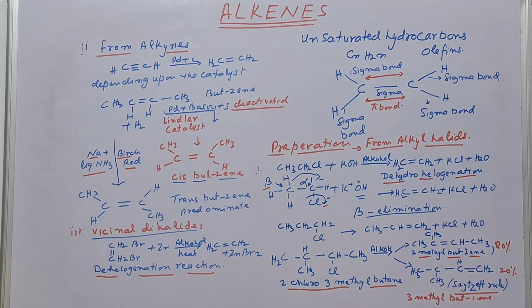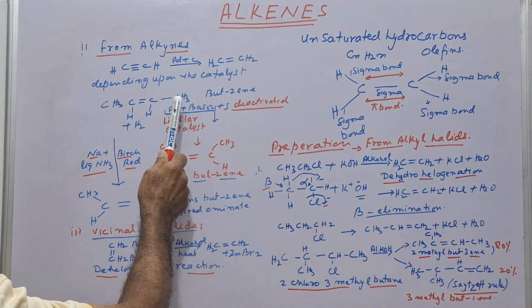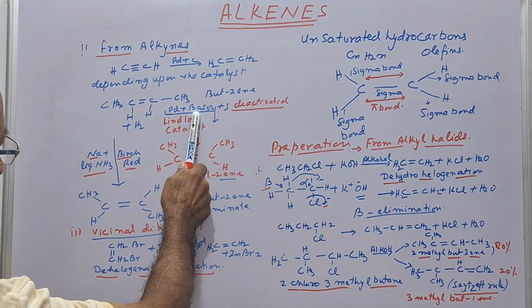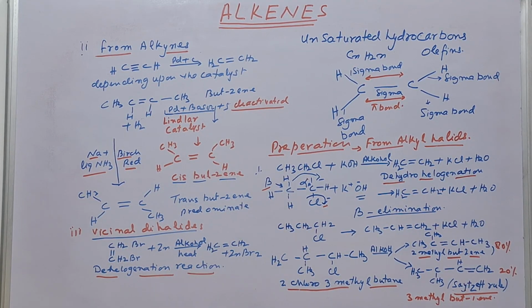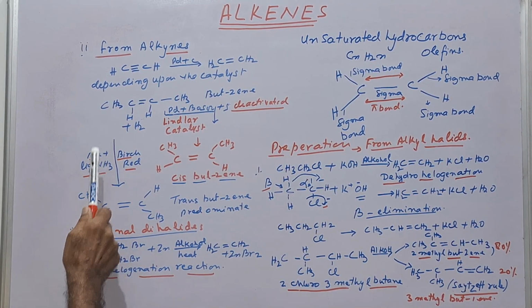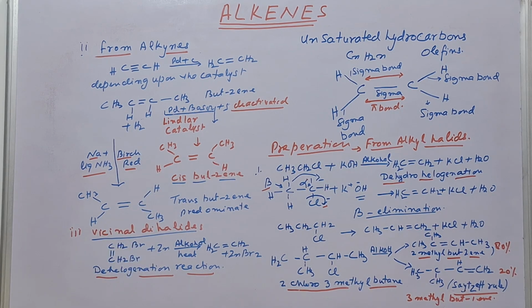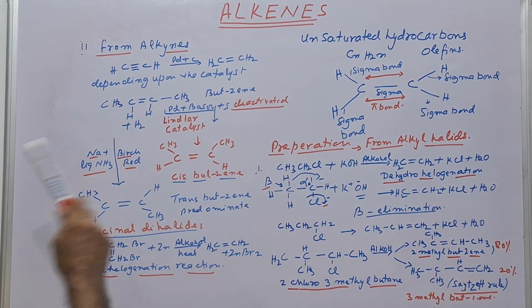So it's very important that when we use the Lindlar catalyst, that is palladium deactivated with barium sulfate and sulfur, it forms cis-but-2-ene, and when we take sodium with liquid ammonia, that is known as the Birch reduction, it forms trans-but-2-ene which dominates.